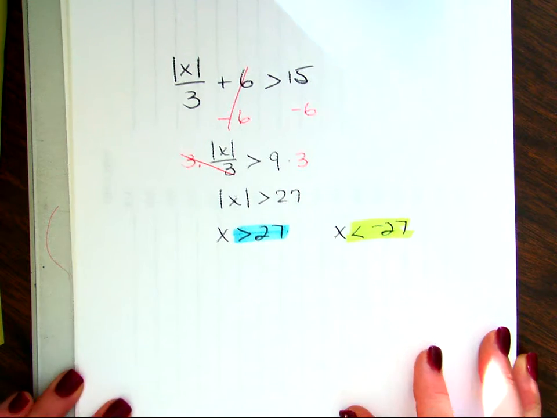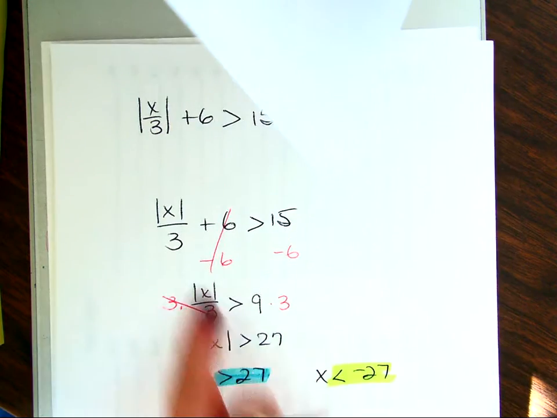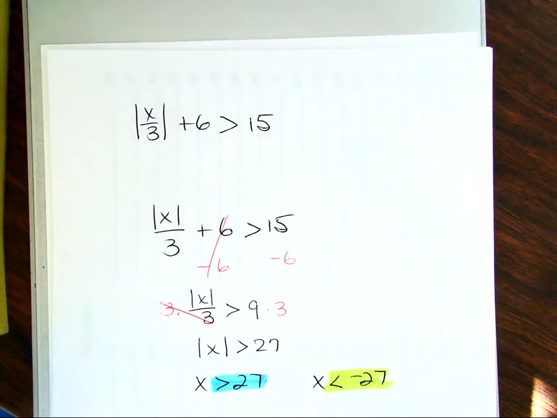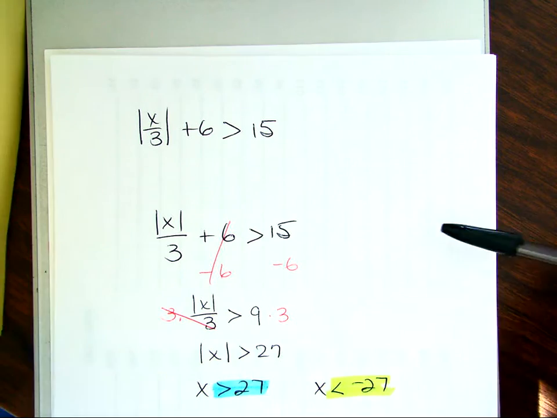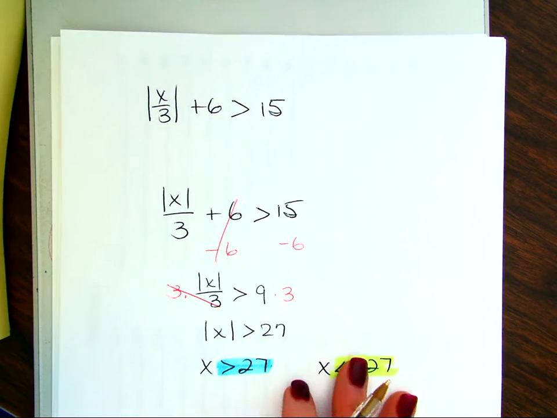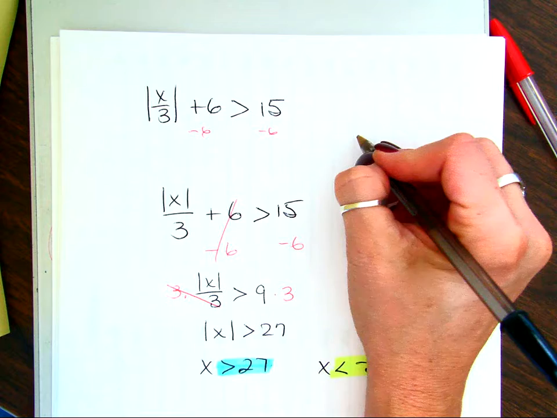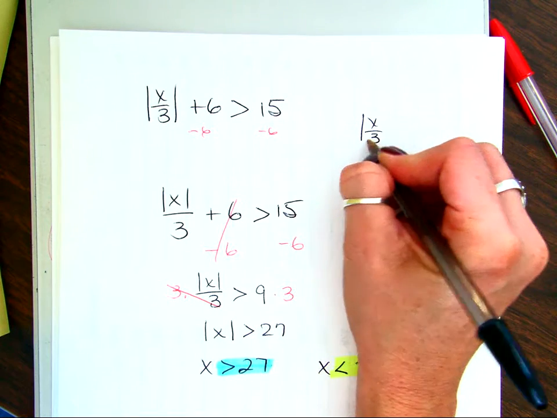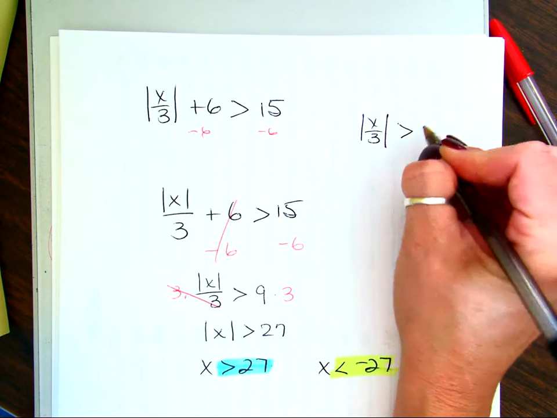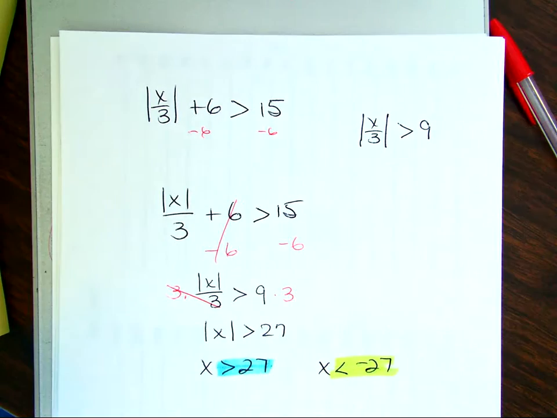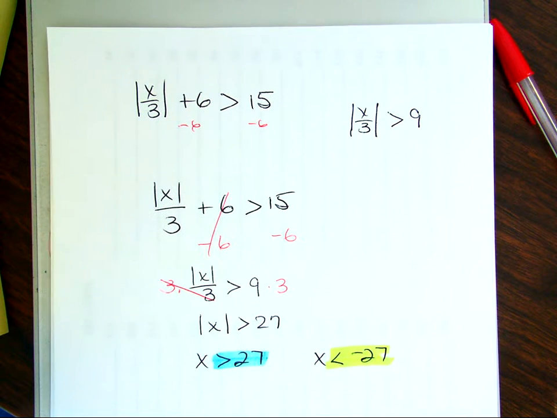So then that brings up a good point. How would I solve this one up here then? What would I do? Would I still subtract the 6 first? Yeah, that part doesn't change. That's going to give me x over 3 is greater than 9, and now what do I do? Is everything cleared out?